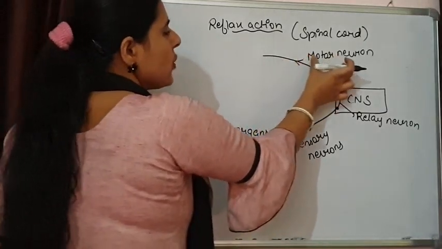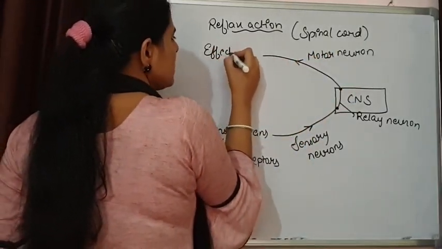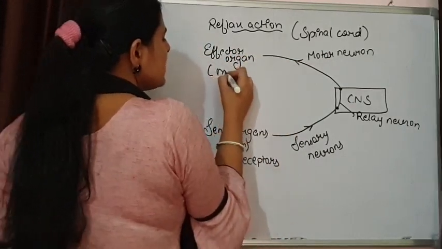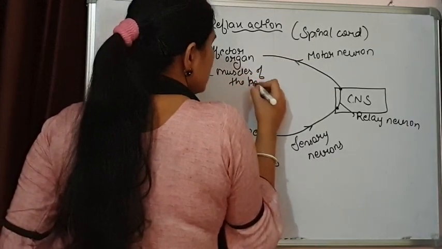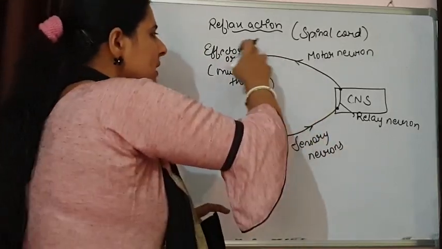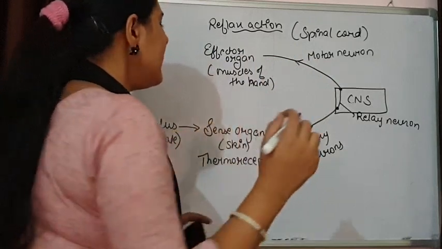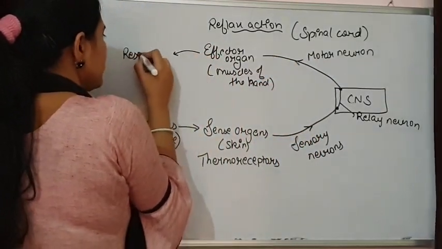Now this motor neuron is going to give the message to the effector organ of our body. These effector organs can be muscles of the hand. Suppose I have touched a hot plate with my hand, so motor neurons are going to deliver the message to the muscles of my hand, and these effector organs will finally generate our response.